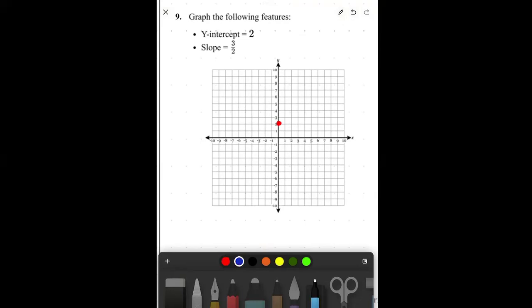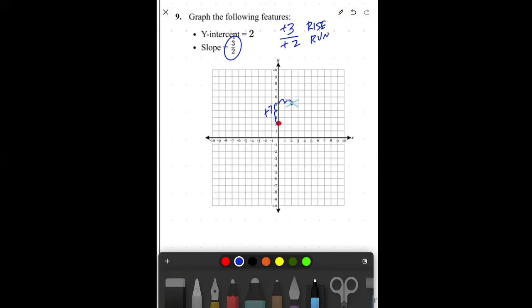Now we're going to use the slope, which is 3/2. So that's a +3 over a +2. We're going to rise up 3, and then we're going to run to the right 2. So we're going to go up 3. 1, 2, 3. And then I'm going to run to the right 2 more. 1, 2. And here's my second point.